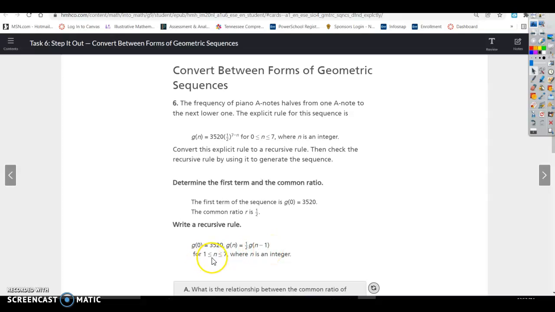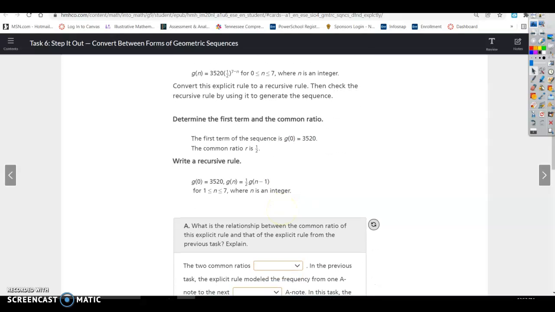And that's for all n between 1 and 7, where n is an integer. So this is your explicit rule. This is your recursive rule using the information given.